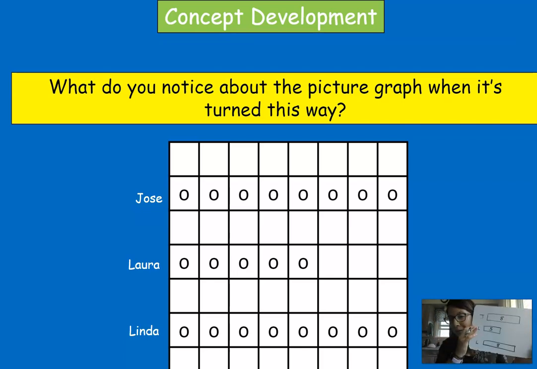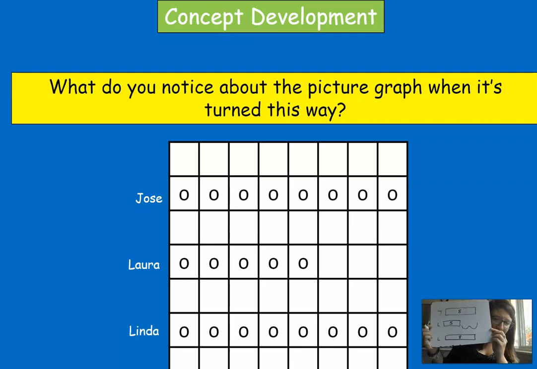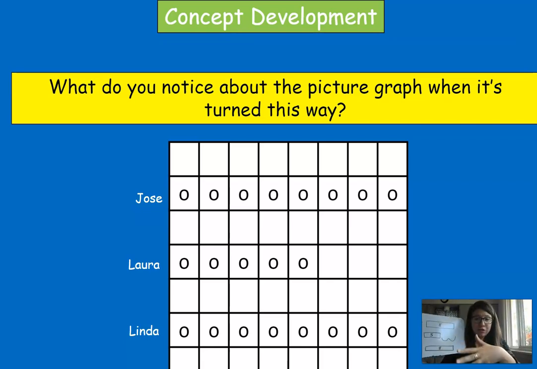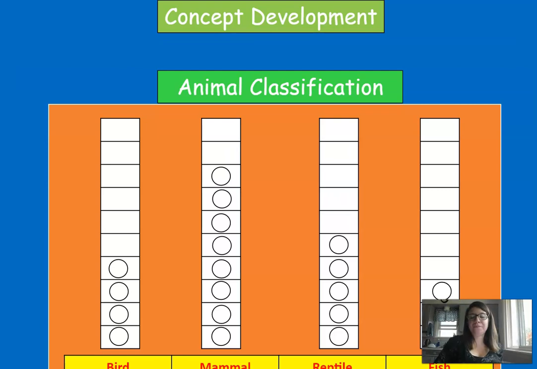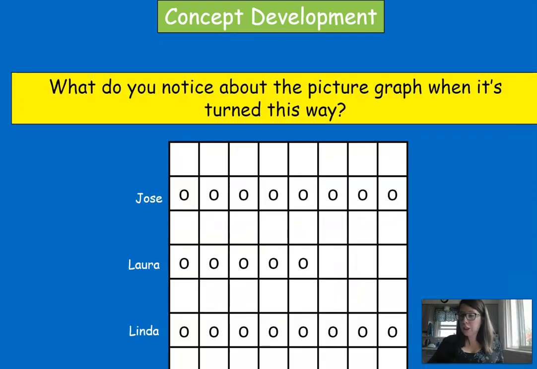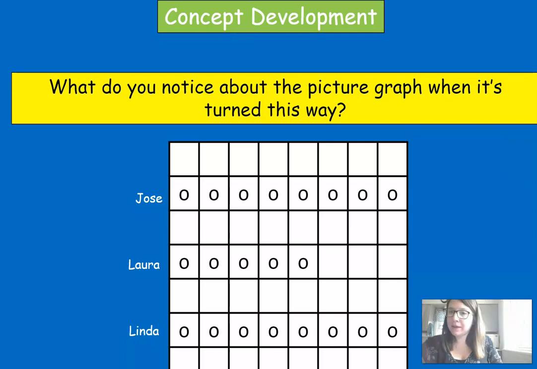Does it look a little bit like a tape diagram? So we have this space right here where we can use to figure out the difference between the numbers, but it's the same kind of concept. We have 8, 5, 8, and it's sideways, just like this graph, using the same information using different pictures to show the same information. So, we're going to move on and graph something else.